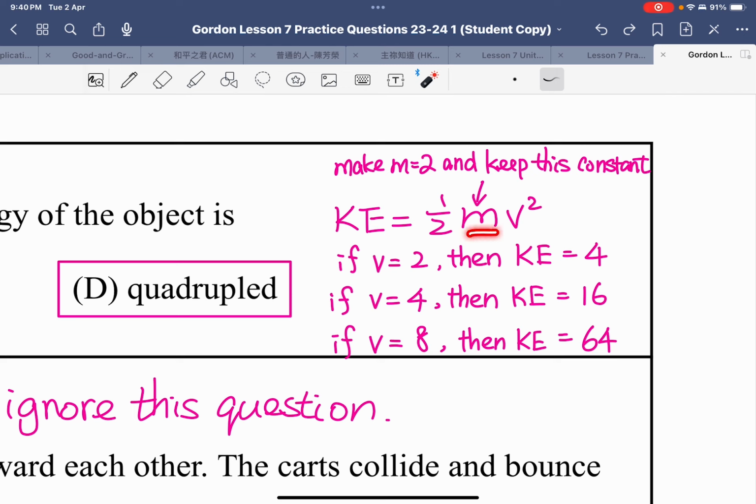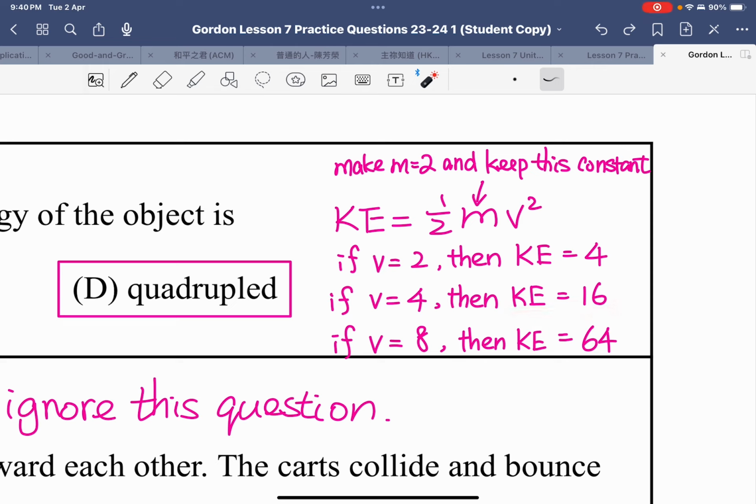So if M is 2 and V is also 2, then after doing the math, I found that kinetic energy equals 4. This time, I'm going to keep M the same as 2, and then I'm going to double what I just did. So instead of having 2, I'm now going to sub in a 4, like this. Then I found that the kinetic energy is actually equal to 16.